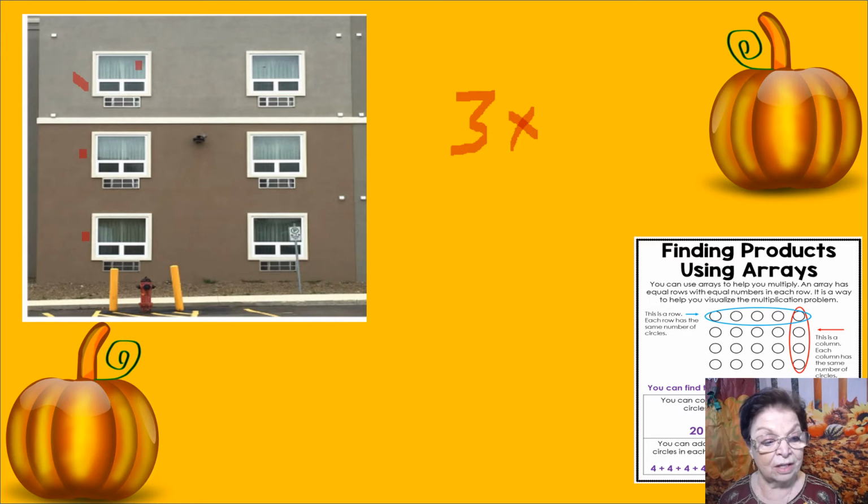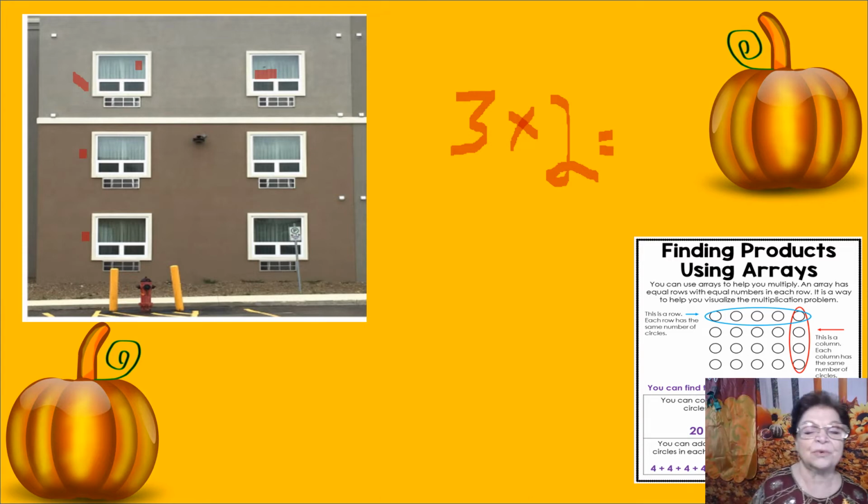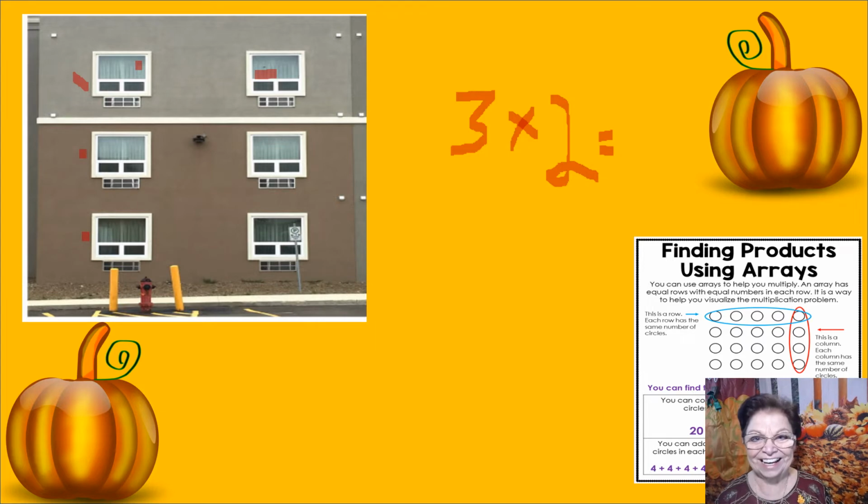There's 1, 2 in each row. If we multiply the rows and the columns, we can come up with the product of how many windows there are. 30 seconds. Can you do it? Yes, there are 6 windows. Amazing job.